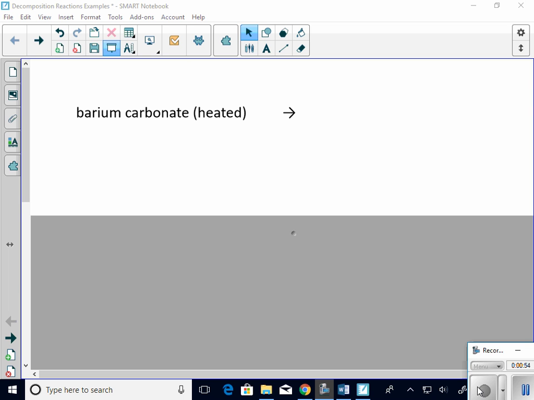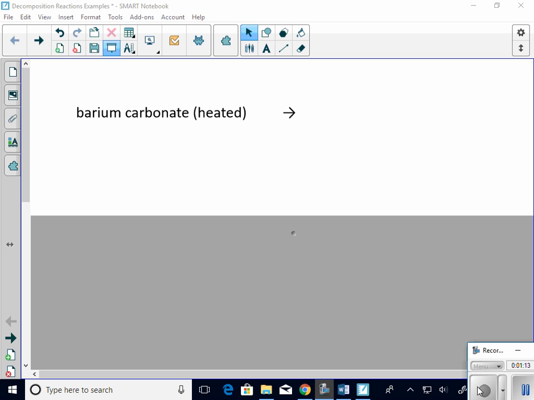And finally, we need to be able to write a balanced chemical equation predicting the products given the reactants. Okay? So those are our 3 objectives for today.